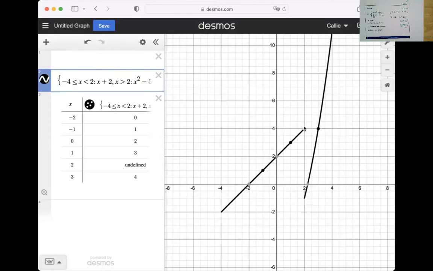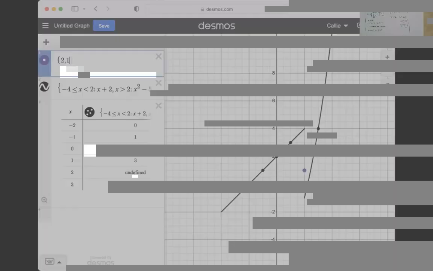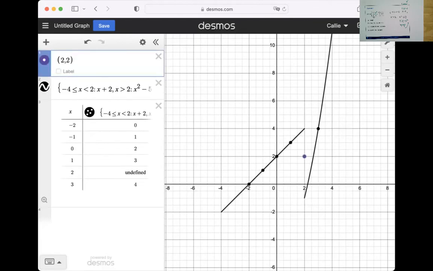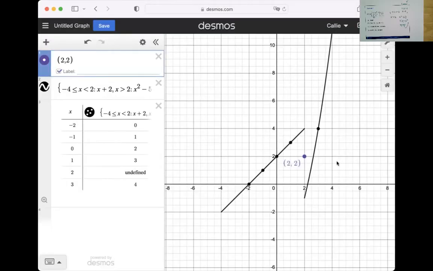But at 2, I didn't include that, sorry. At 2, x equals 2. At x equals 2, y is 2. So that's going to be part of our graph. I didn't explain that. I apologize. And then after 2, right, when x is greater than 2, it's going to take on this form.